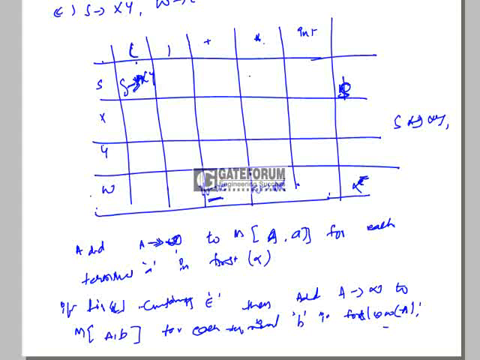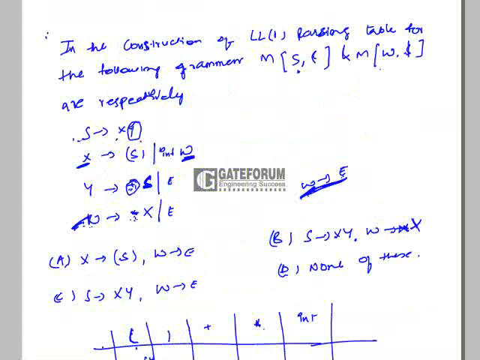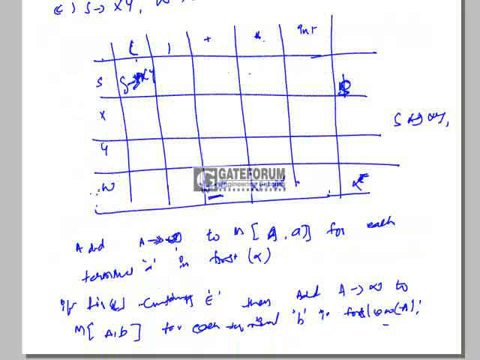And first of Y is also epsilon. So follow of X is nothing but follow of S. And as S is the starting symbol, follow of S contains dollar. So follow of X is nothing but follow of W. That means in row W and column dollar, follow of W contains the symbol dollar.